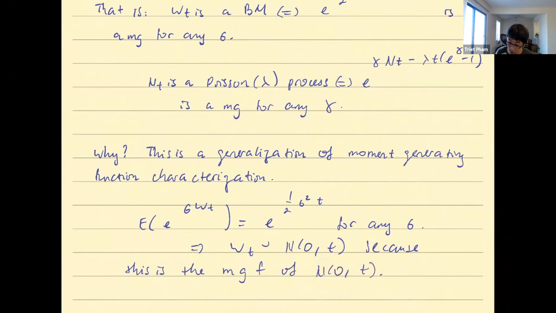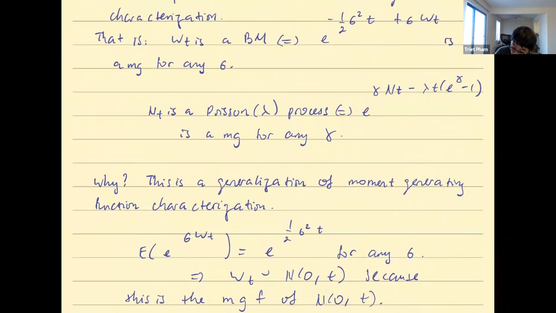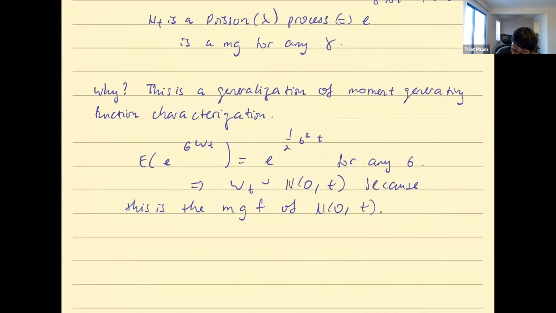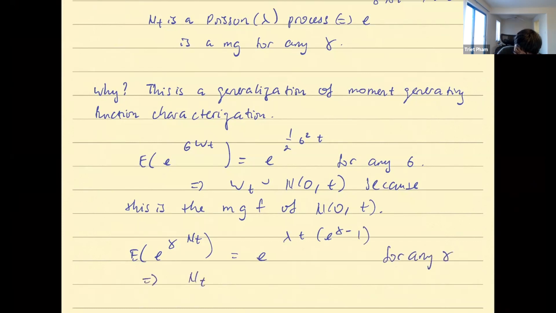Okay. Same thing here. If you know that this is true for any γ, then you can conclude that N_t is Poisson(λt).